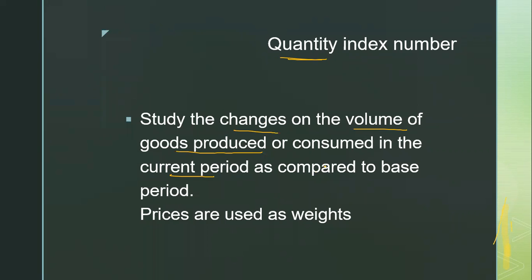Whereas in the quantity index number, we study the changes between when the goods are produced, used, or consumed by the customers, between the base and the current period.